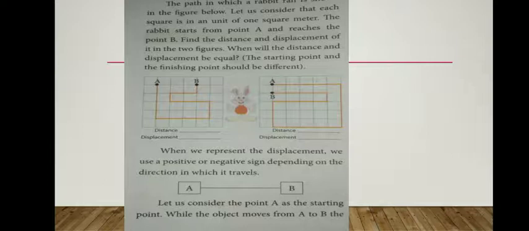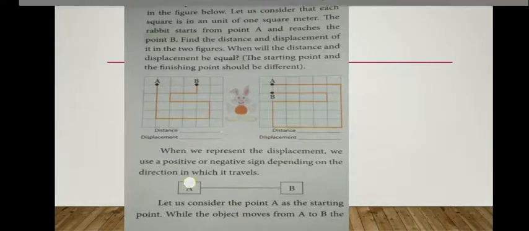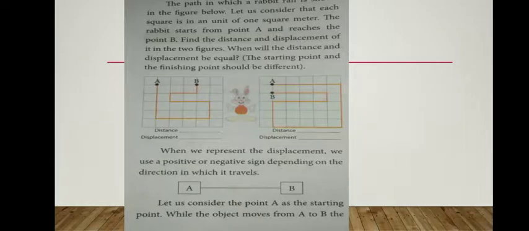A to B moving means we consider it as positive. B to A, when the object is moving, we consider it as negative. So A to B moving is positive, B to A moving is negative.